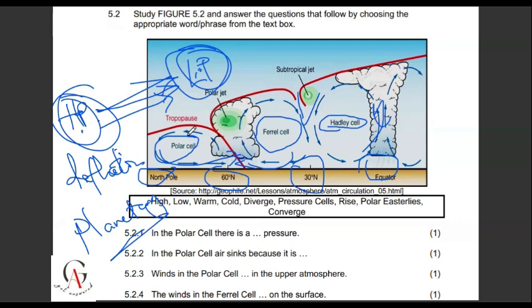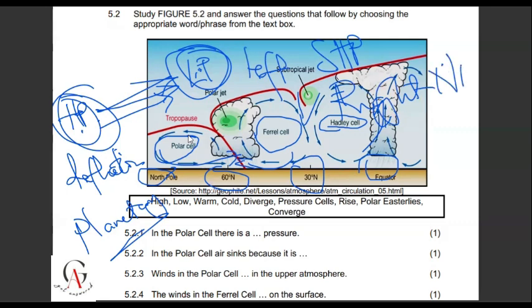The deflection is to the left in the southern hemisphere. The air is going to be twisted to the left in the southern hemisphere, and the deflection in the northern hemisphere is to the right. You must note this. It's right in the northern hemisphere and left in the southern hemisphere.